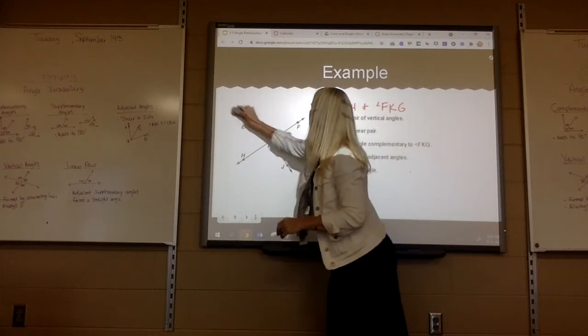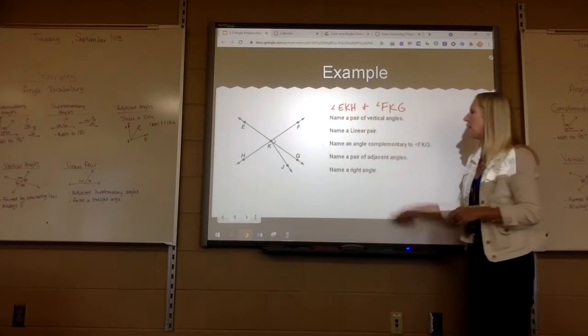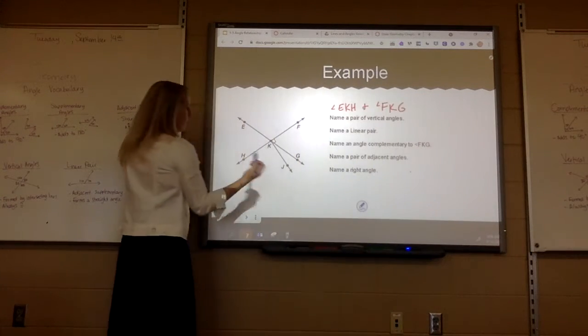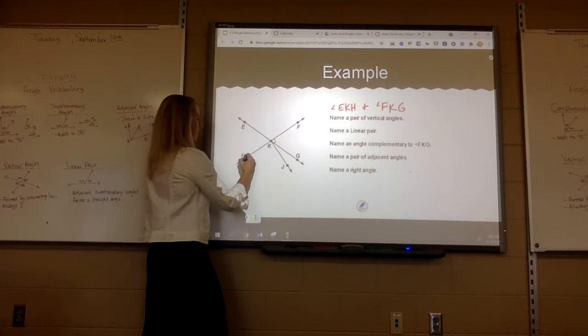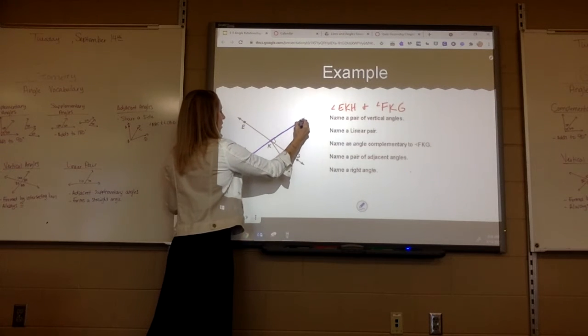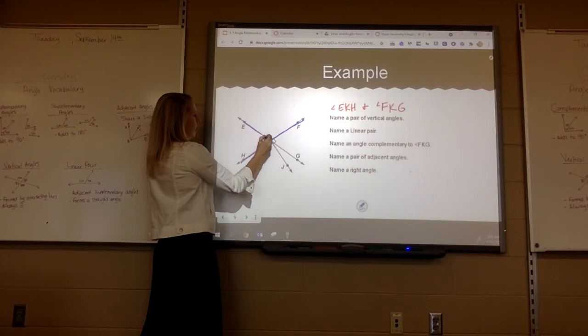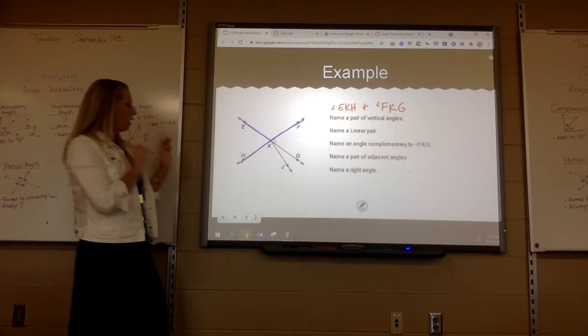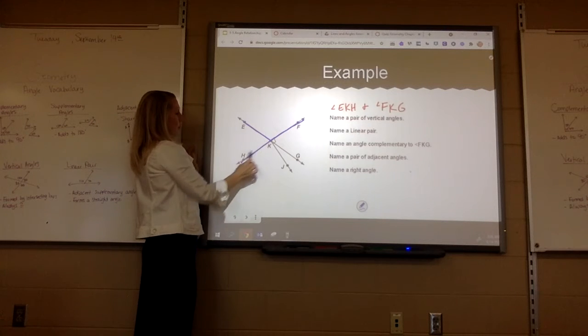A linear pair has to form a straight line. So I can look at this straight line. There's several answers. Do you see that this would form a linear pair? How could I name this angle right here?